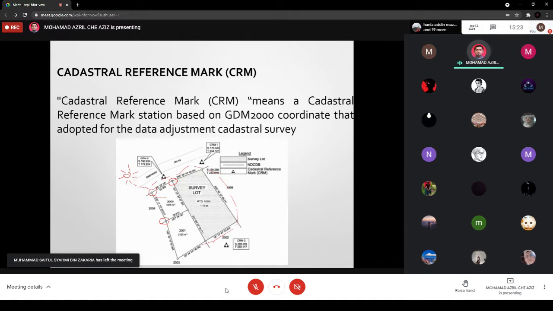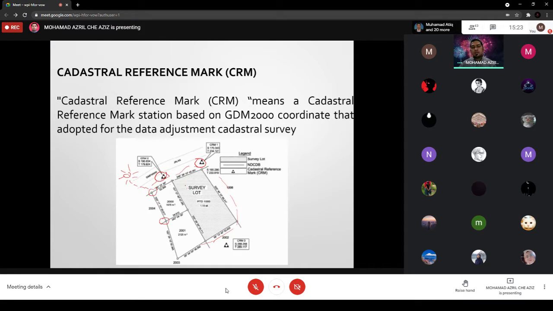But now, why have GNSS and GPS technology been introduced? That's why there is a new type of datum to start a survey, which we call the CRM. In the survey department, they have their own team to establish the CRM points. For example, they establish one point here and another point here.